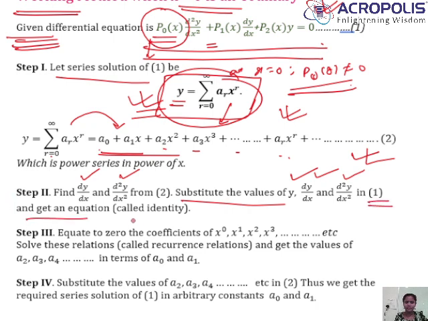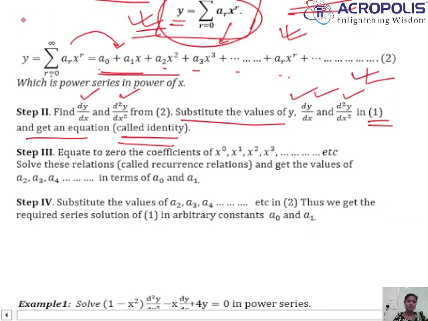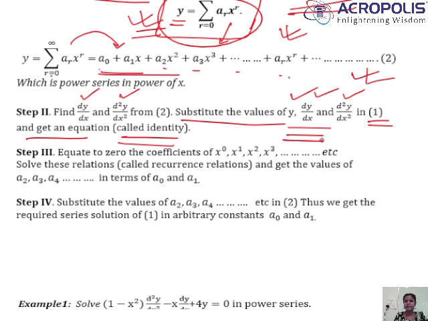Then we get an equation which is called the identity. Now see, step number third: when you substitute these values from step number second, we get an equation which is called identity. After this we equate to 0 the coefficients of x to the power 0, x to the power 1 and so on, x to the power r up to infinity.